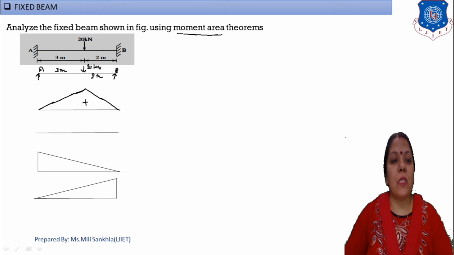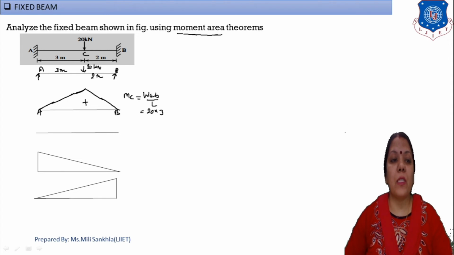Suppose this is our point C, with distances a and b. Now find the moment at C. What is the equation of moment at C for an eccentric point load? That is W a b by L. Now W is given as 20, and a is given as 3 meters.